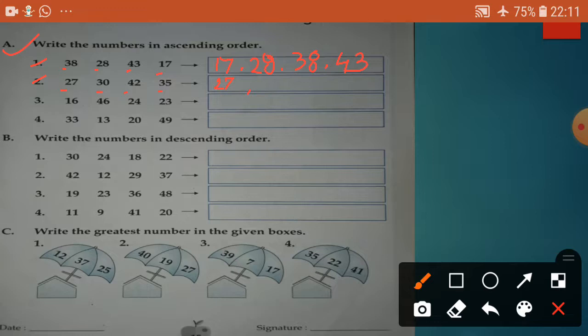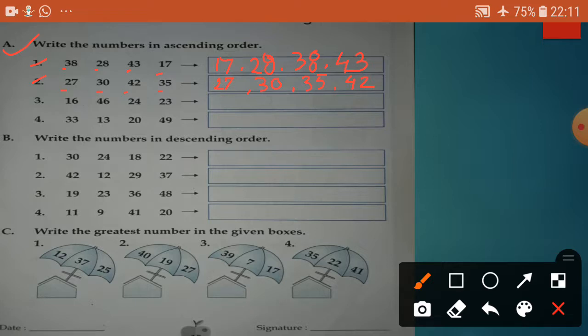So 30 first, after 30, 35. So you write first 30, then 35. Last number 42.